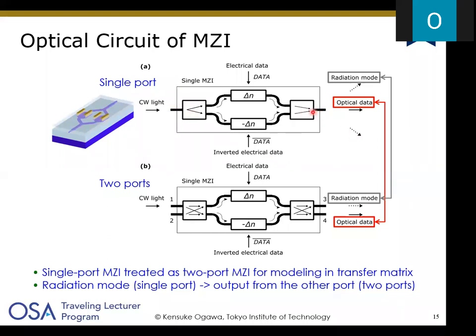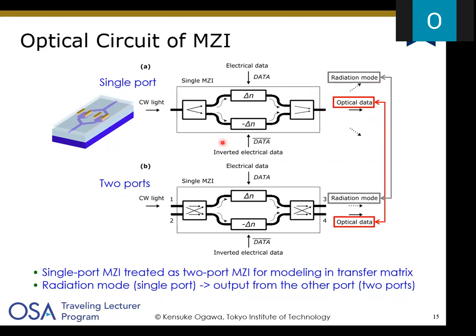If you consider the intensity modulation, when the interference is constructive, the high intensity optical signal is output. But if you have destructive interference, there is no output from the output port. In that case, the optical energy is lost out of the waveguide by a radiation mode.